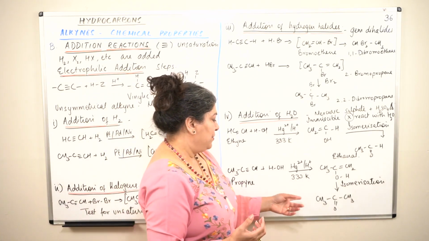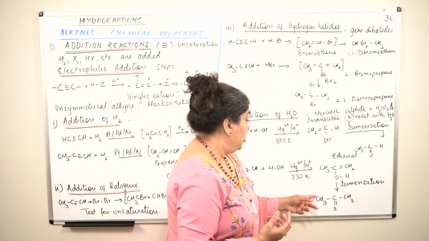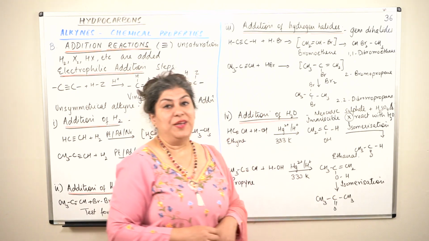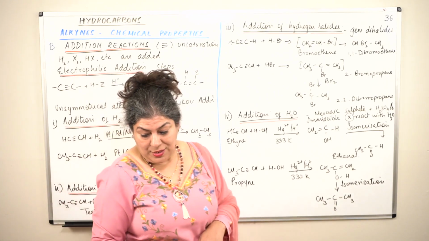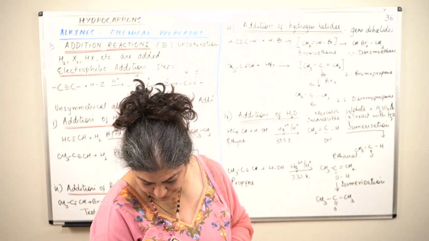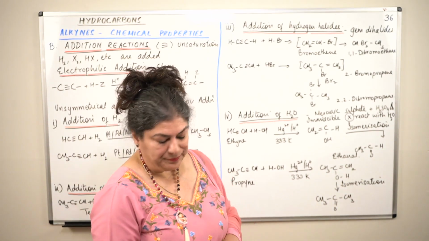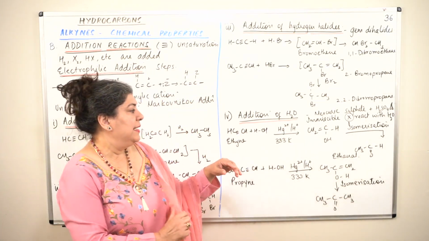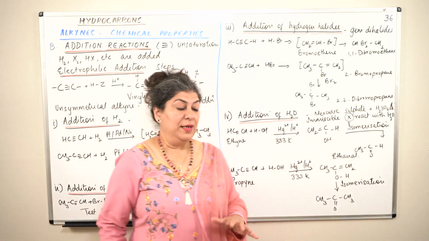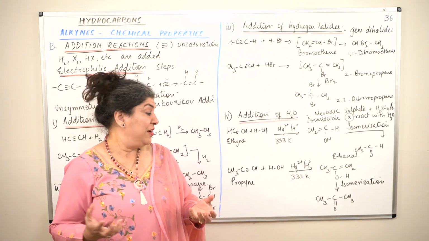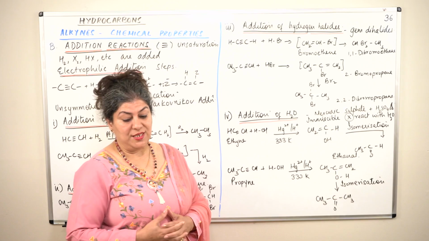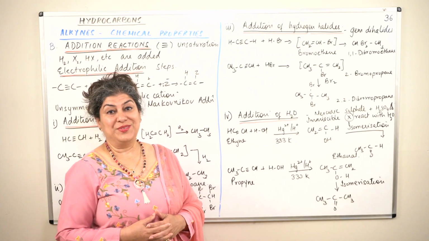So here you'll get a ketone, CH3COCH3. In the previous case you got an aldehyde, and in this case a ketone is formed. So you see CH3COCH3, that is, propanone is formed.